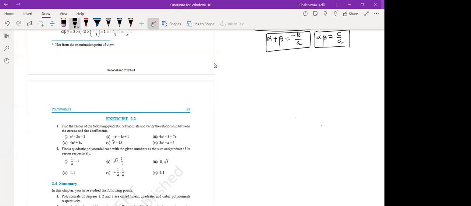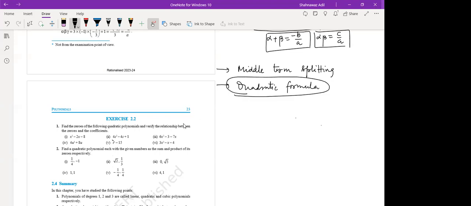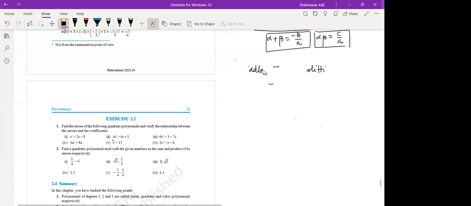So one method that you already know is the middle term splitting method, right? And the other one is the quadratic formula. We will discuss this one in the quadratic equation chapter, but the middle term splitting we'll use in this chapter. Are you familiar with this middle term splitting method? Good.